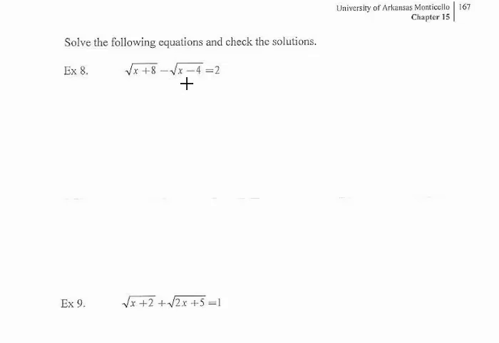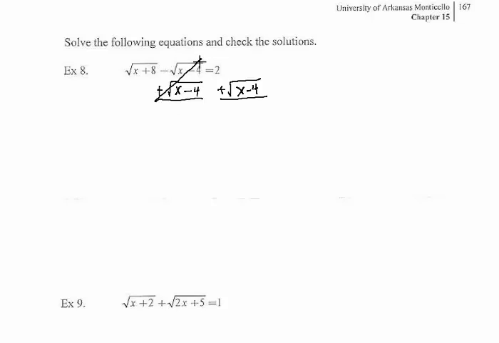Okay, so example 8, I will keep the square root of x plus 8 on the left side, and I'll write below it plus square root of x minus 4. I'm moving this radical to the right side, so I'll write that underneath the right as well.